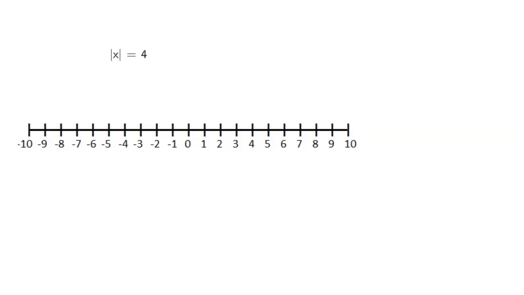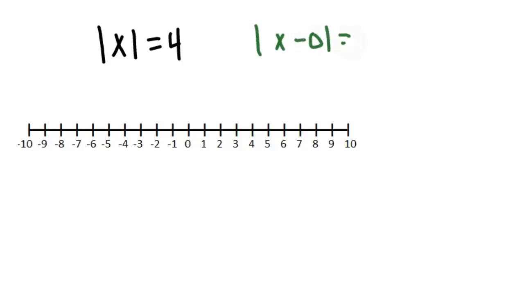Now let's take a look at this problem. You've got the absolute value of x equals 4. I think it's a benefit to really use that distance definition. So we could say the distance from x to 0 is equal to 4.